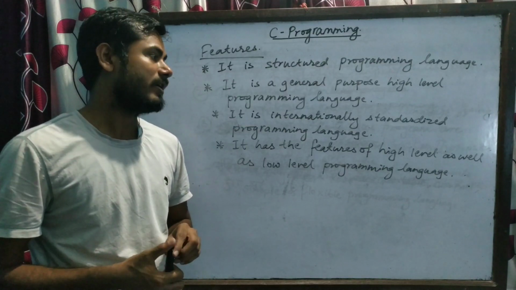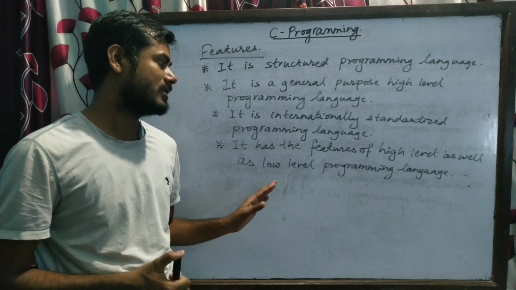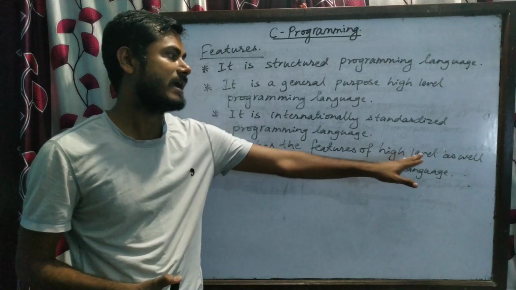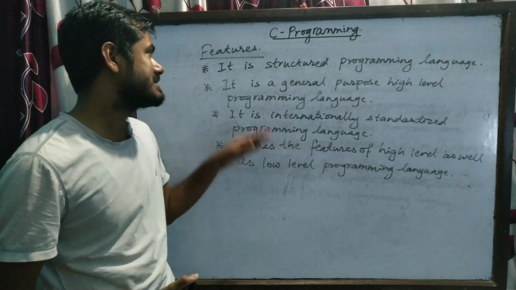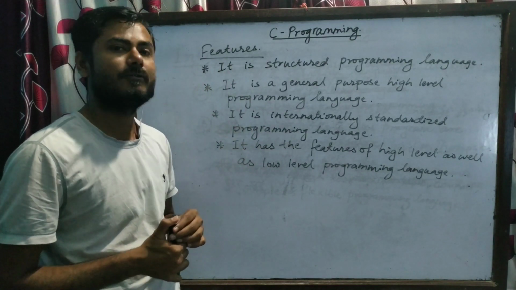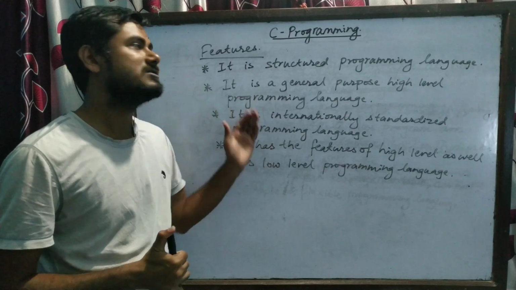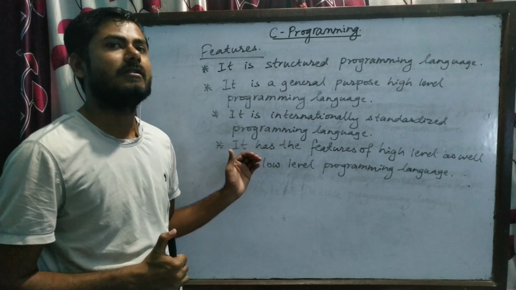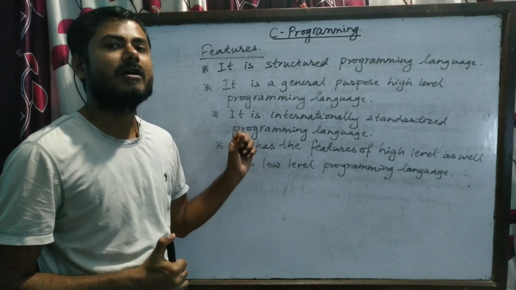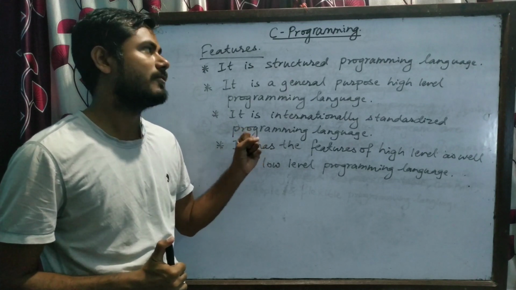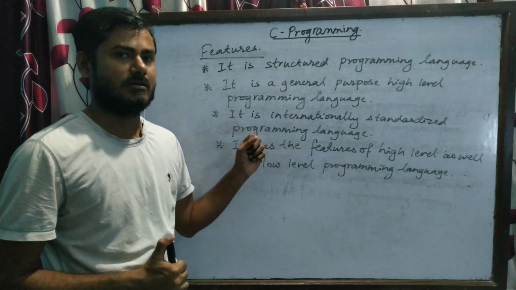That's why we can write programs in low level as well as high level. So these are some of the features of C programming, which is very important to understand. If we know the features of C programming, then we can understand its strength for writing programs in a computer system.